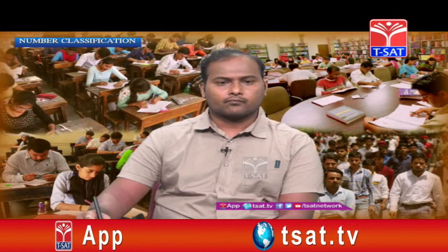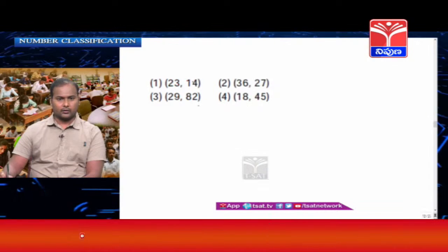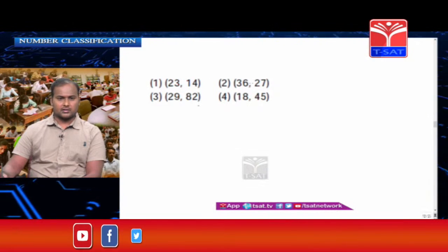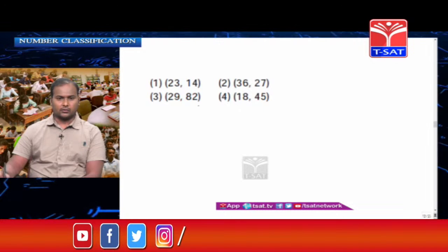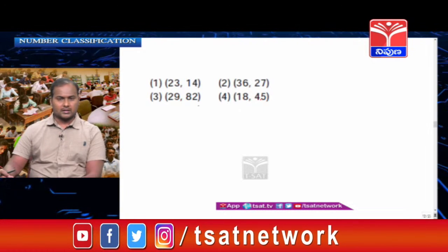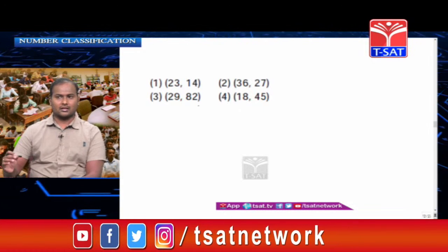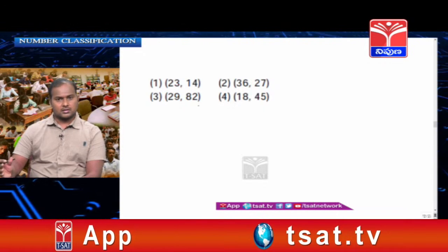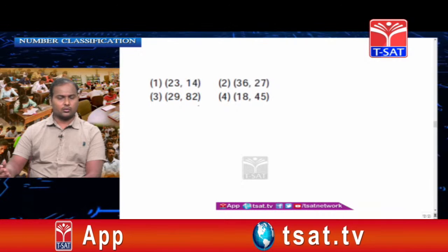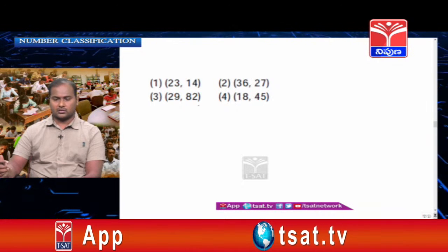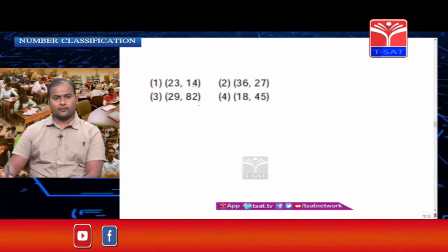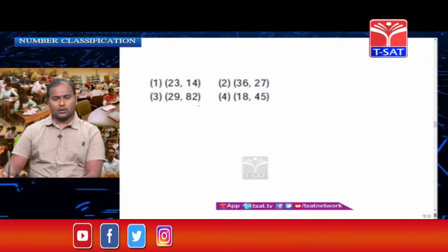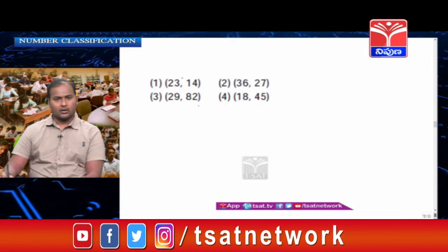Next question. See the numbers 2314, 3627, 2982, 1845. See here, what I said, you have to check the range. Based on the range, I can come to a certain conclusion whether it is squares, cubes, multiplication, division or subtraction. The moment I see 14 and 23, they are not very far, they are very near.